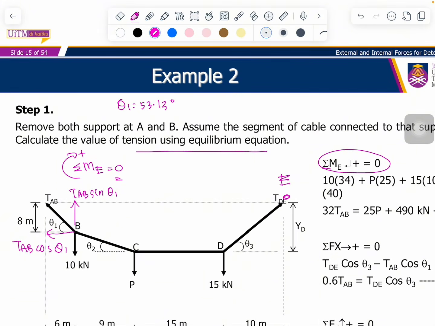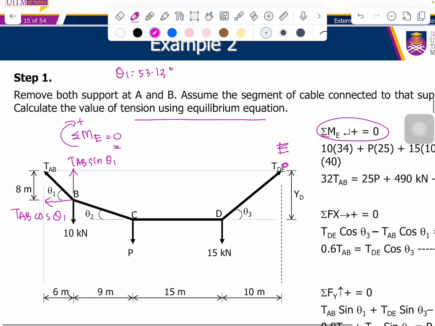Then we move to moment at E equal to 0. We start with the 10 kilonewton load, which rotates anticlockwise about point E. I prefer to use this color so that we can differentiate between the load and the solution.